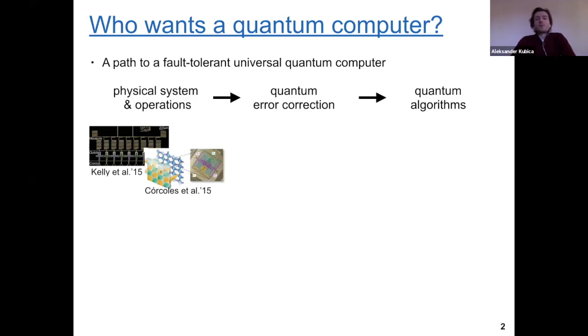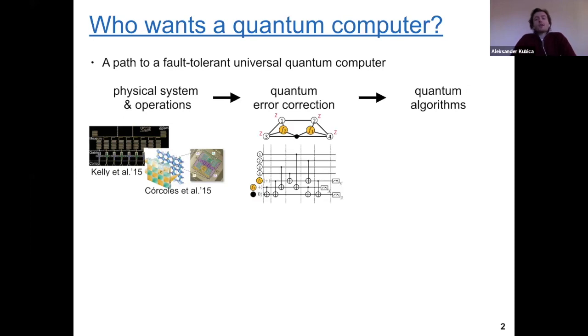And then we would like to abstract from the details of the physical system and just think about a bunch of qubits affected by some noise. And then using some smart techniques from quantum error correction, we can suppress the noise affecting physical qubits and arrive at good quality logical qubits.